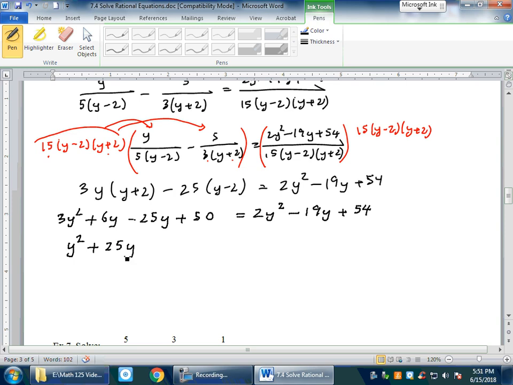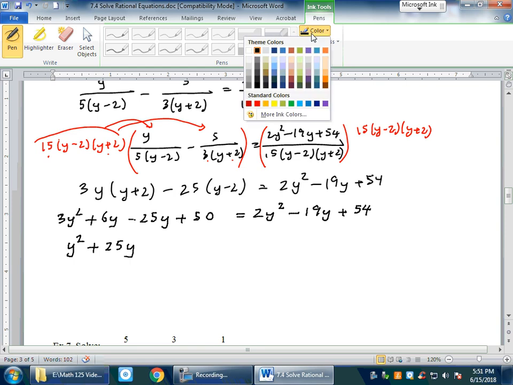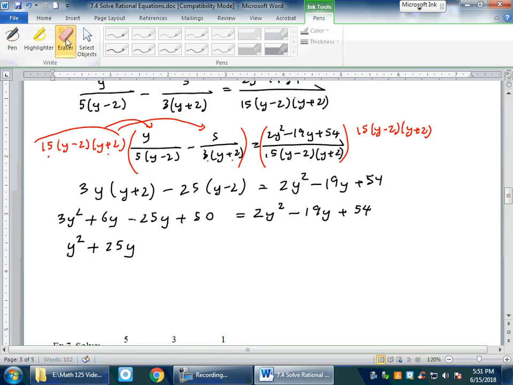Okay, positive 25y, and then subtracting 25y, so there's no more y term anymore, right? Because positive 6y minus 25y becomes negative 19y, and then when I add 19y on both sides, that becomes 0.